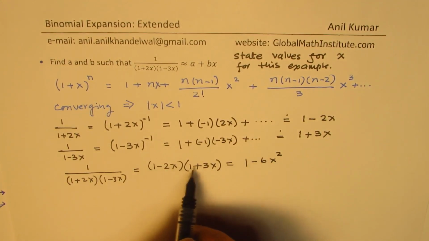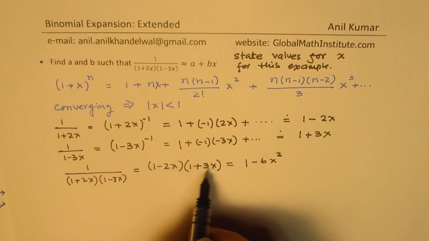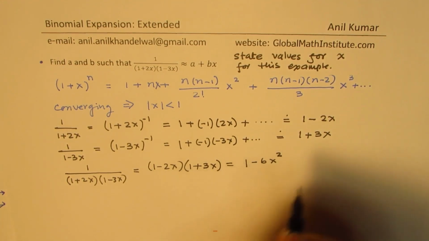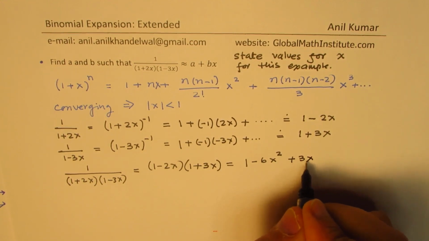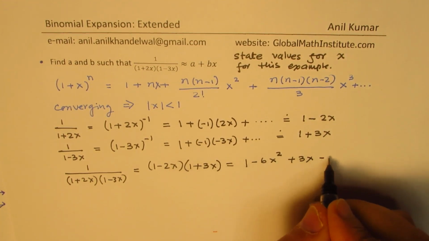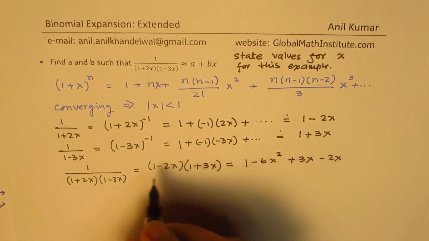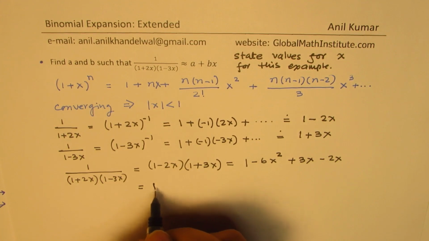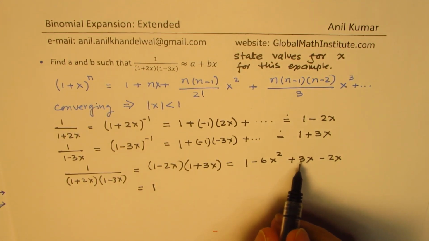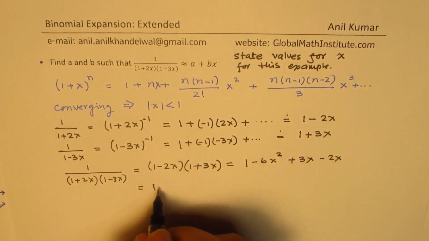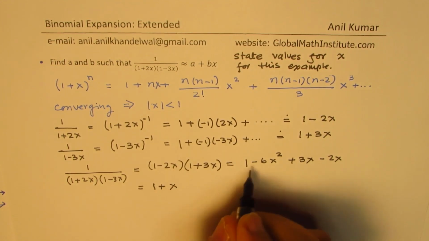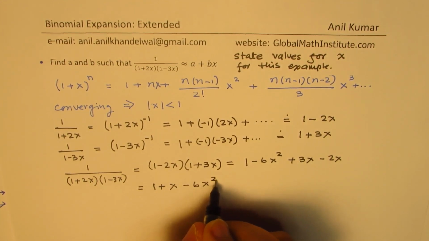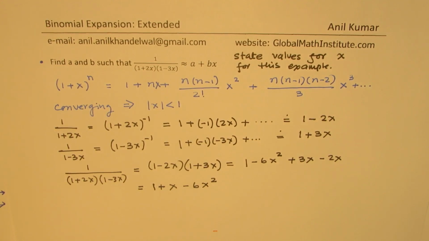Multiplying 1 by this, and then with this, and then the second term we get plus 3x, and this we get minus 2x. So we get 1, and then 3x minus 2x as plus x, and minus 6x squared. That becomes the expansion for this particular case when you multiply.